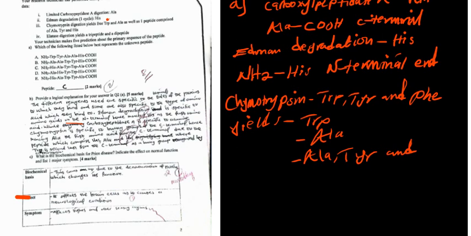This basically means these are part of one fragment. They should be together when you start analyzing the polypeptide, and these have to be different.